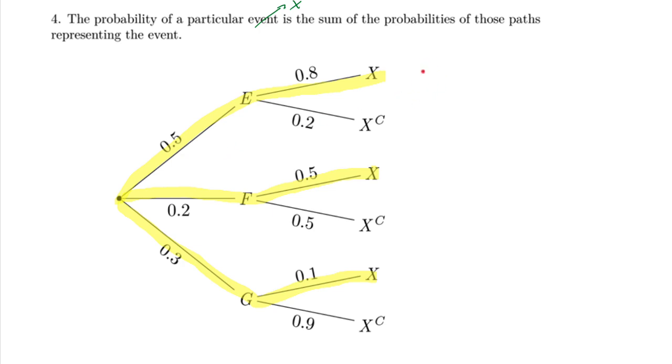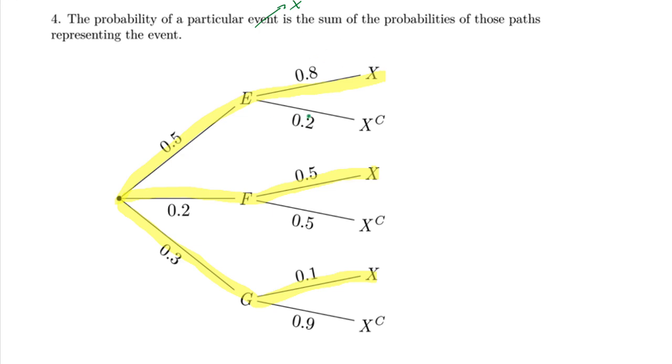So in the end of the day, if I want to calculate the probability of X, I cannot just account for one path, right? I have to account for the probabilities of all the three paths. So what's the first path?